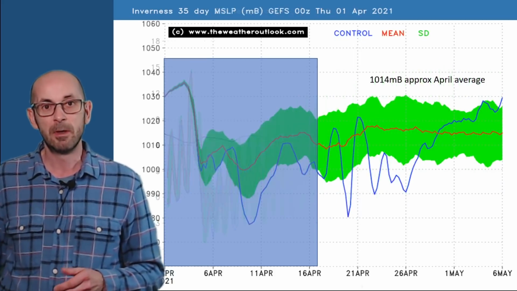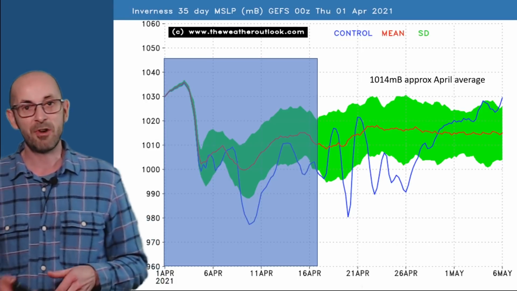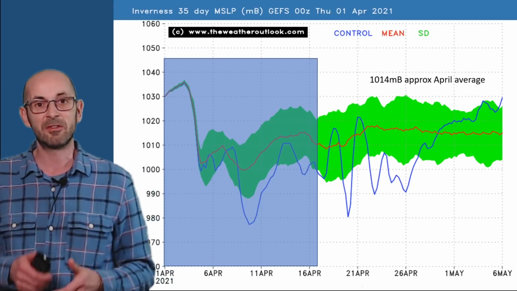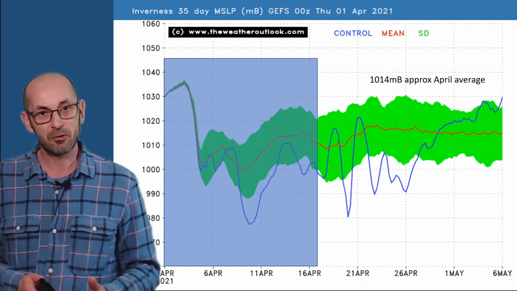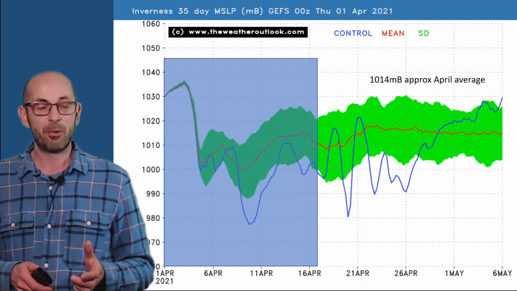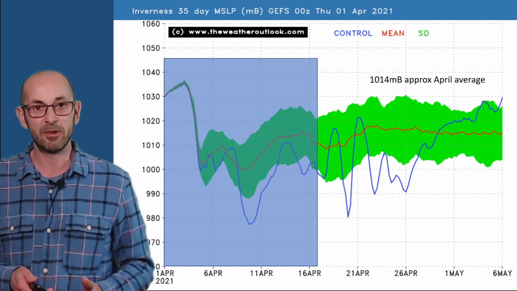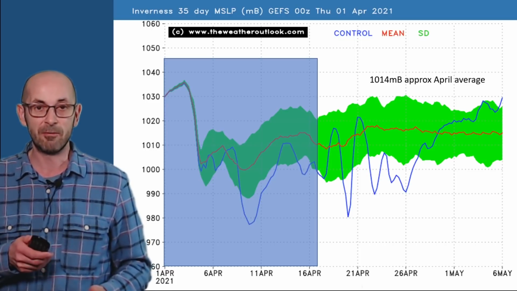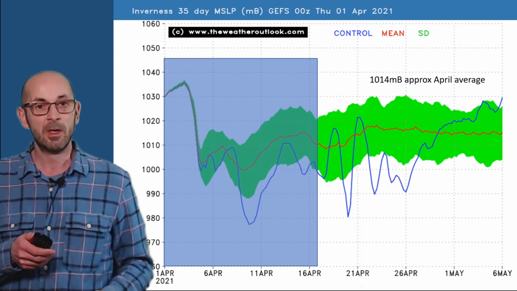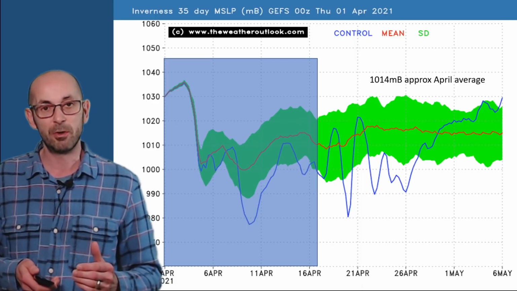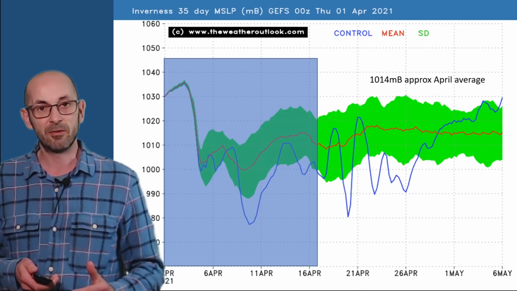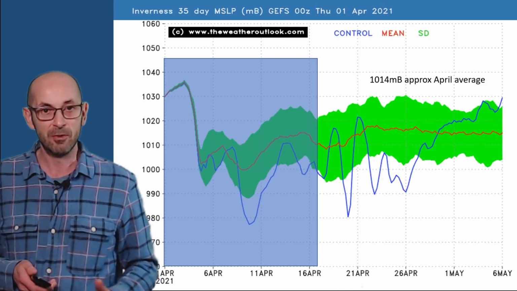In terms of the pressure trends for Inverness, it's a similar story actually to the London chart. If anything, pressure's a little bit lower, so taking those two charts into account would suggest that high pressure is more likely to be centred to the south of the UK than the north.